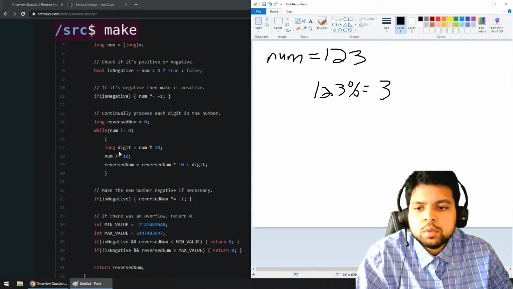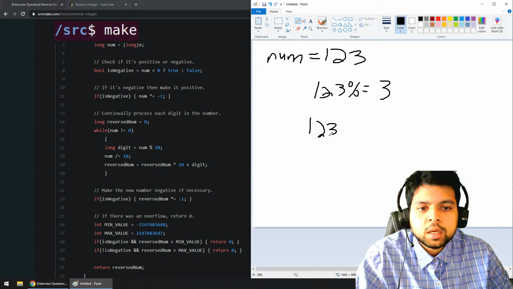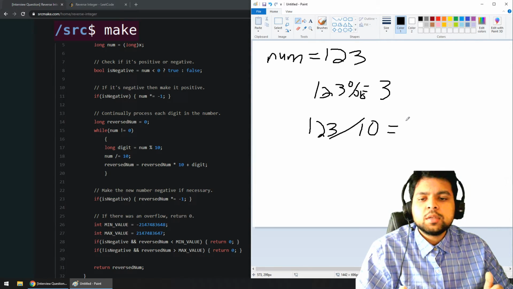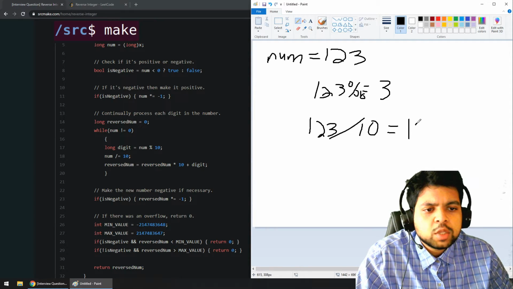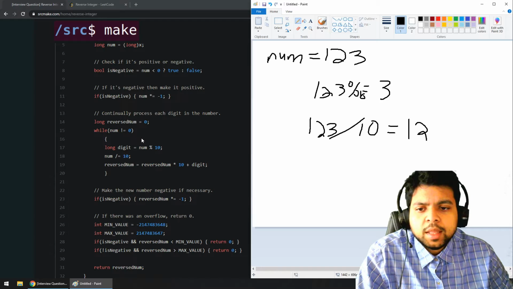So we get that digit, we divide by 10. So 1, 2, 3 divided by 10. Sorry, there should have been a 10 here. In computer science, or at least in C++, anytime you do integer division, it always rounds down. So this is going to be 12. So we get the digit, which is equal to 3. We make the number 12, and then we say the reverse number is equal to reverse number times 10.